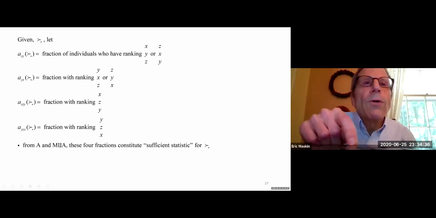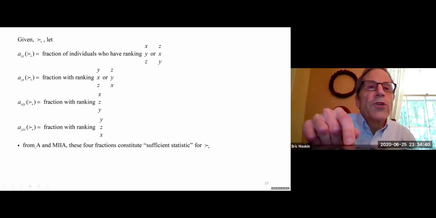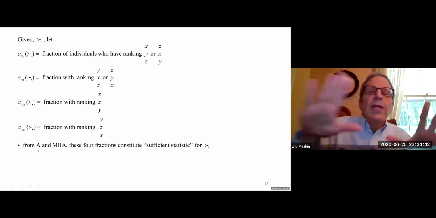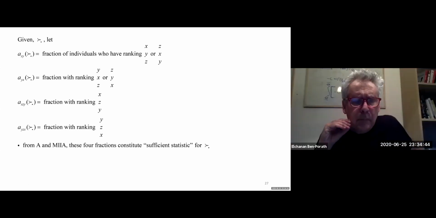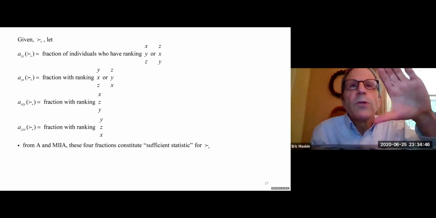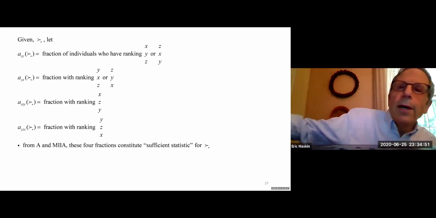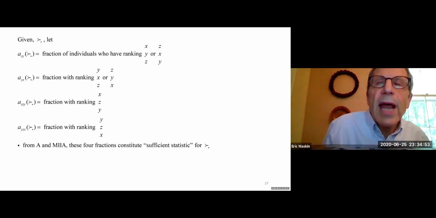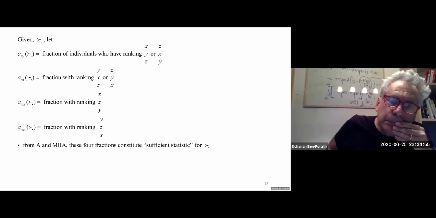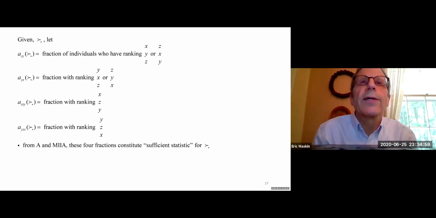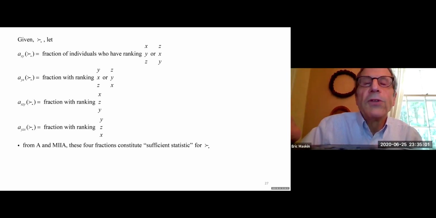So they're in effect a sufficient statistic for the profile. If we didn't impose modified IIA, if we just imposed anonymity, then we would need 6 numbers because there's 6 possible strict rankings, and so we would have to know the proportions having those 6 different rankings.